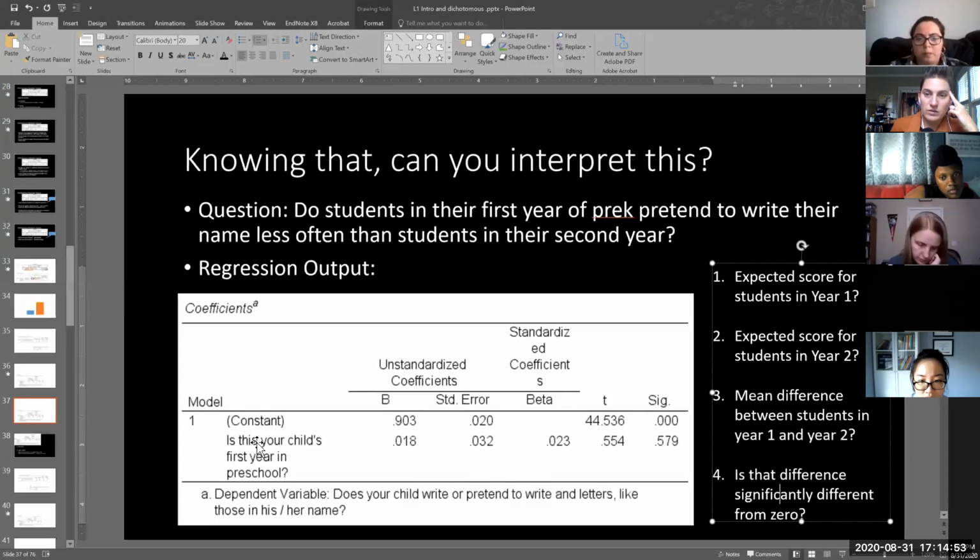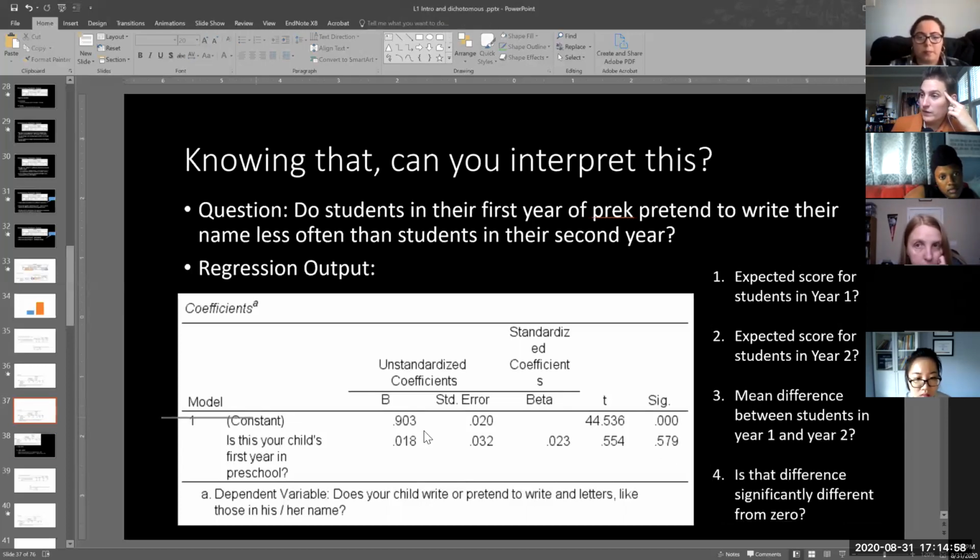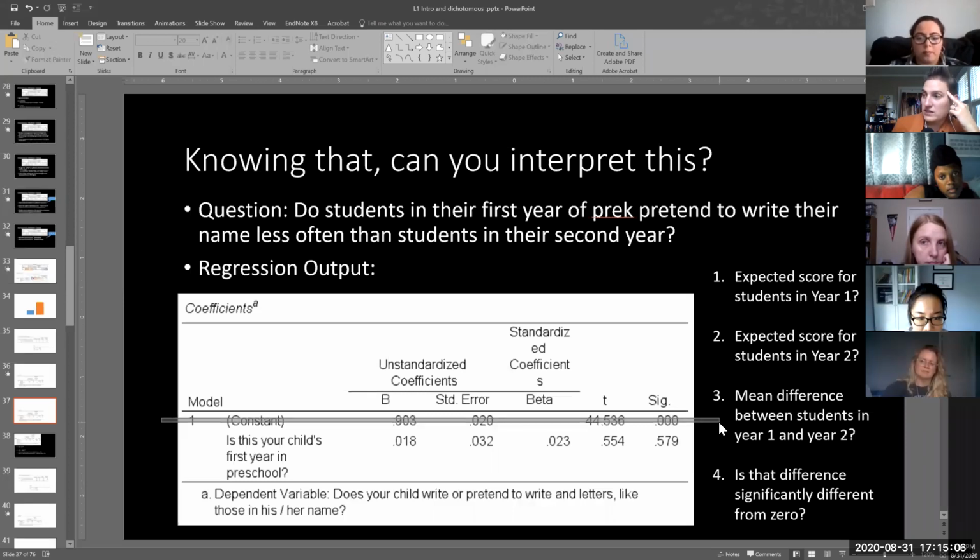Do we always look at the top line? No, and I didn't look at the top line for significance there. So this right here, we're going to read across the line. This is the significance of the constant. So is the number 0.903 significantly different from 0? And the answer here is yes, this number is significantly different from 0.